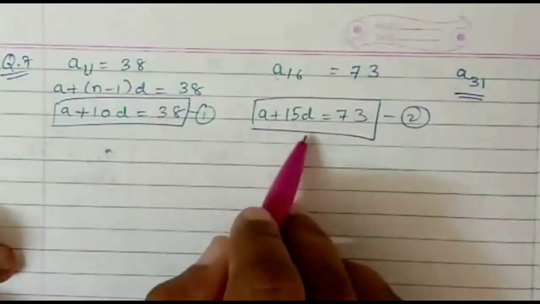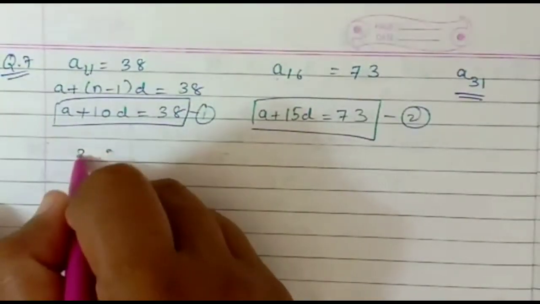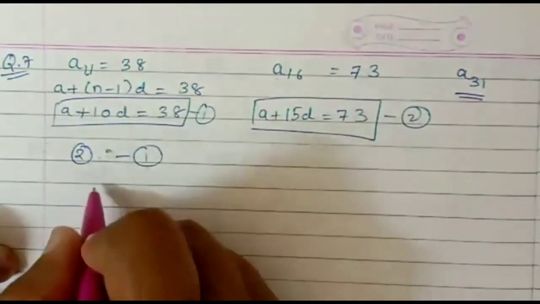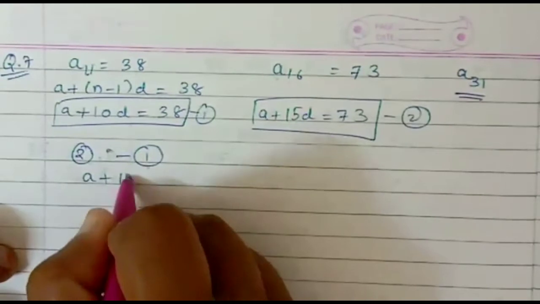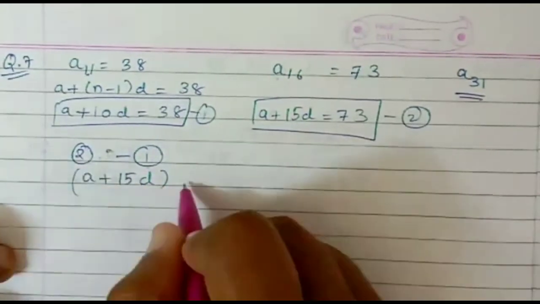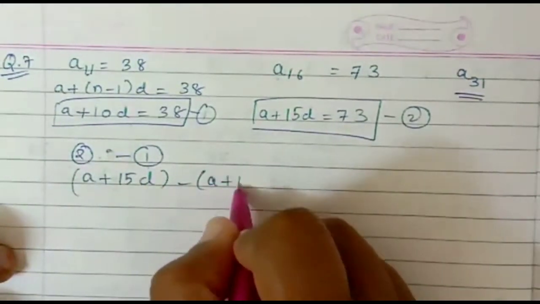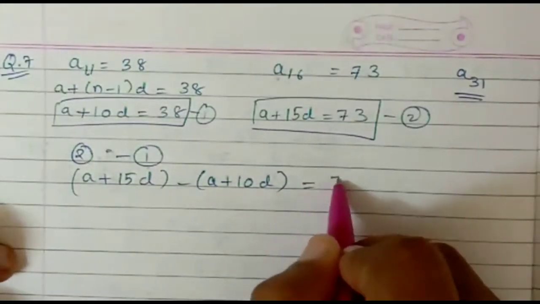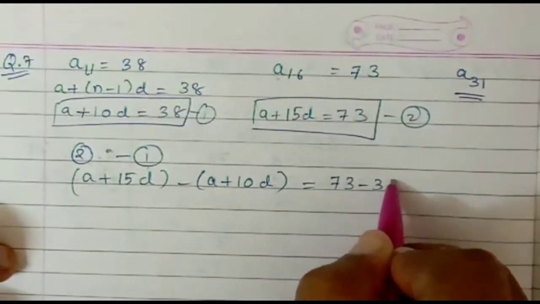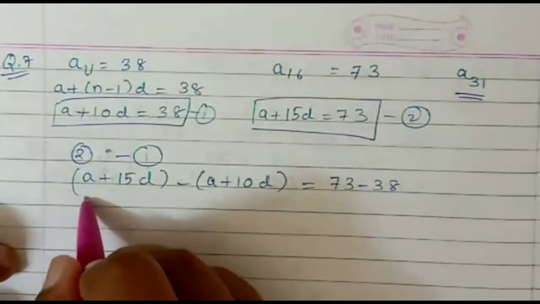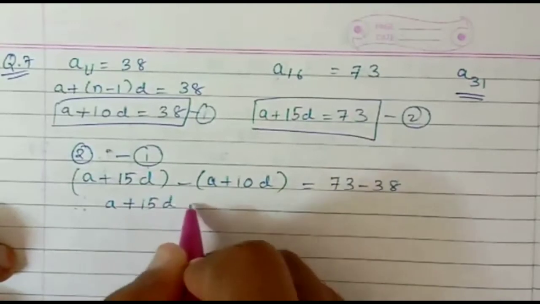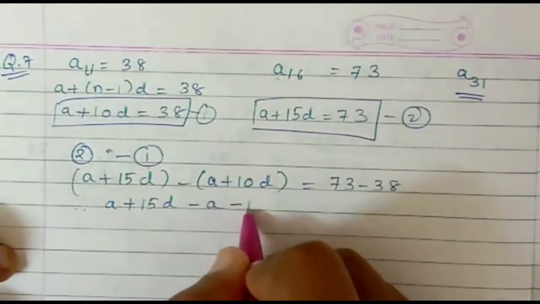Now you can eliminate these two results. So we will be subtracting result number 1 from result number 2. So you will be getting on the left hand side (a plus 15d) minus (a plus 10d) is equal to 73 minus 38. You can use the brackets so that you may not make any mistakes in calculation. When you open the bracket, you will be getting a plus 15d minus a minus 10d.